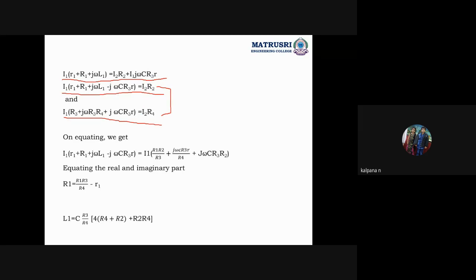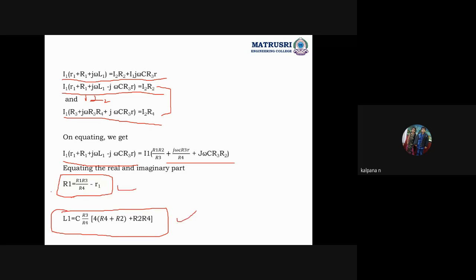So write I2 is equal to, and R take this side, and R4 here, then I2. Now RHS is equal, so we can equate LHS. After equating LHS on both the sides, we will get this one, and here you separate the real and imaginary part. From the real part, you will get this equation R1, and from the imaginary values, you will get L1. So these two are the two standard equations for the Anderson bridge.